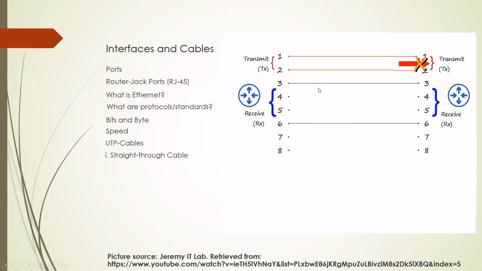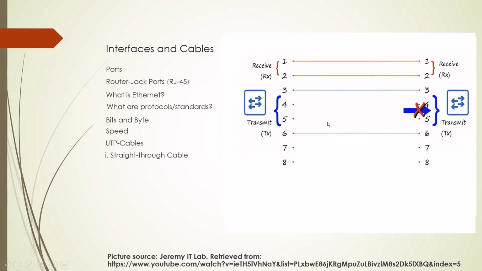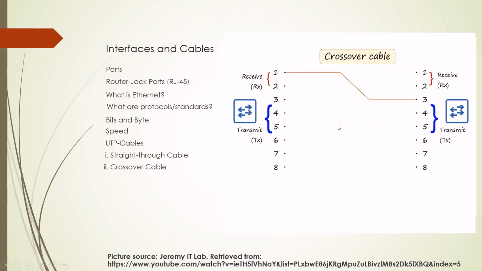It therefore means that another kind of cable has to be created for this purpose. Or we have a switch connected to another switch. Still, we have a jam, because in a switch, 1 and 2 is for receive, and 3 and 6 is for transmit. So we can no longer use a straight cable to connect either a router to a router, or a switch to a switch, or a PC to a PC.